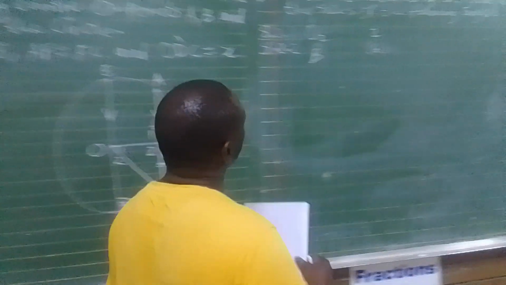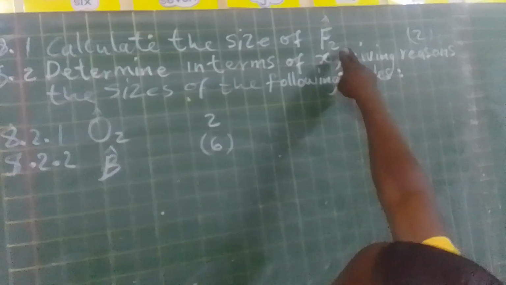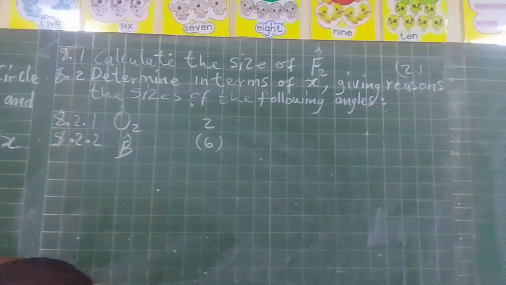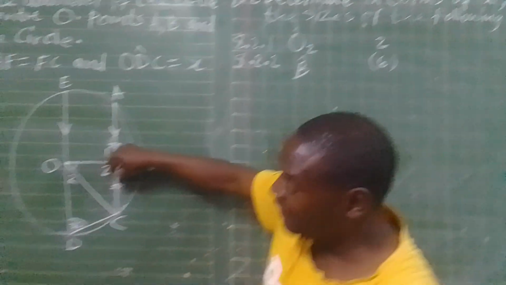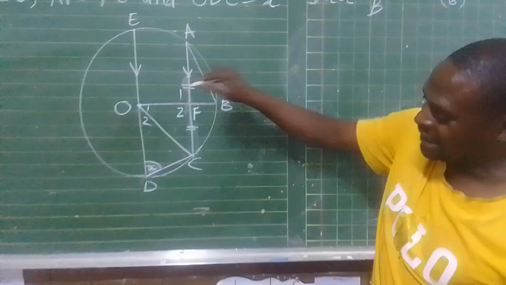Question 8.1 says calculate the size of F2. The size of F2, this is F2 here. They want us to calculate this size.